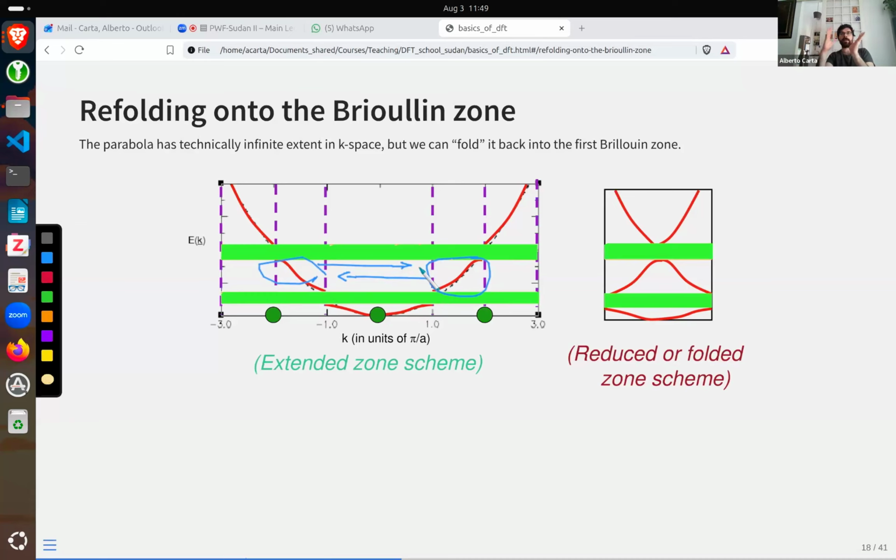You can shift them by this wave vector, and if you do this shift for each one of the components of this dispersion, they will fold back into the Brillouin zone, in the way that you see here. But the gaps will remain because the gaps are a feature of the energy, not necessarily of the dispersion. So the gaps that emerge at these edges are going to remain in the first Brillouin zone. Hopefully, this makes sense.